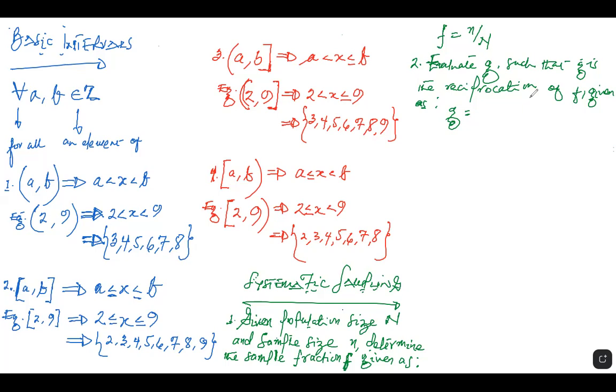It becomes 1 over the quantity. So when I say G is the reciprocal of F, it means that G is 1 over F. And if G is 1 over F, then in terms of small n and big N, G becomes big N over small n.